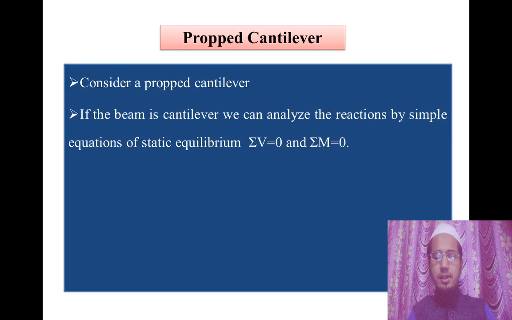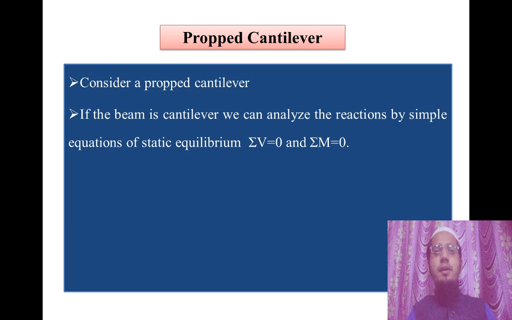As we were discussing propped cantilever, let us consider a cantilever. We know that if the beam is a simple cantilever, we can find the reactions by simple equations of static equilibrium, that is, summation of vertical forces equals 0 and summation of moments equals 0, right?